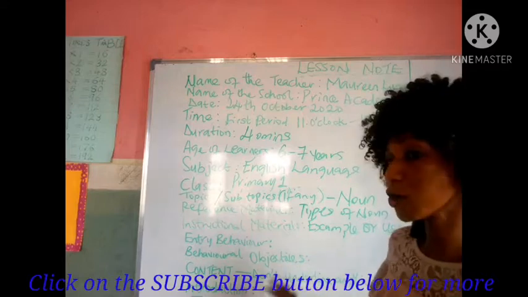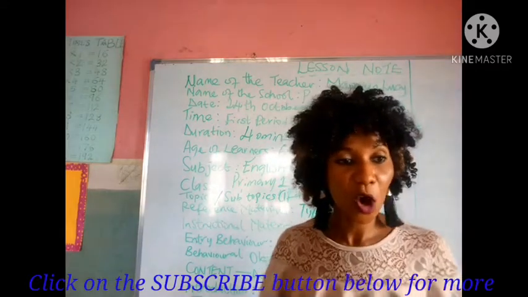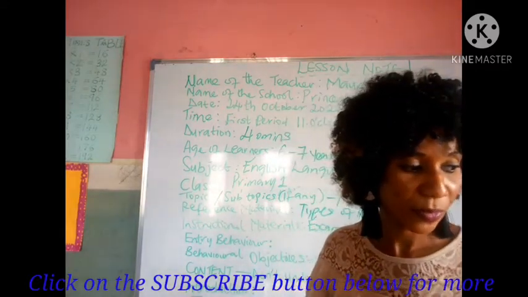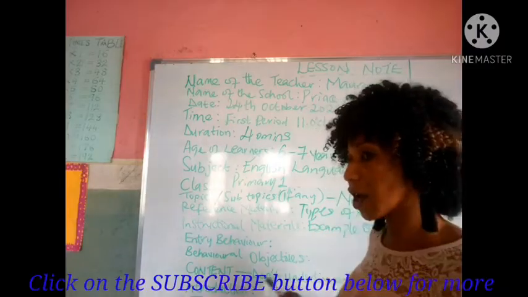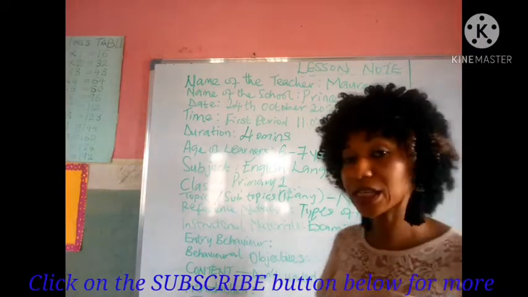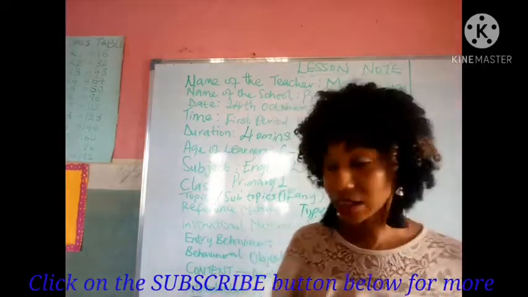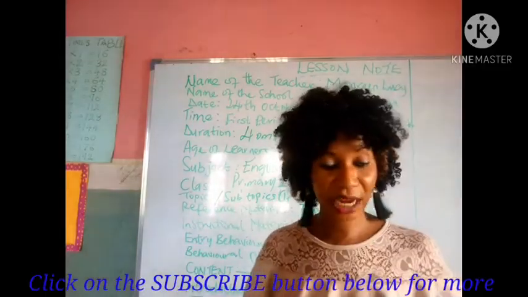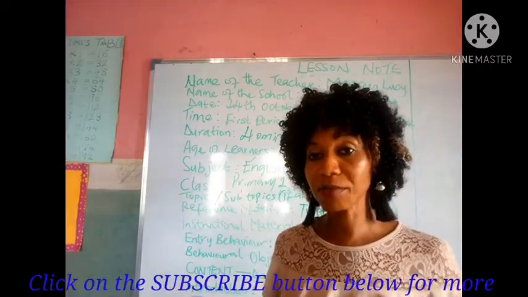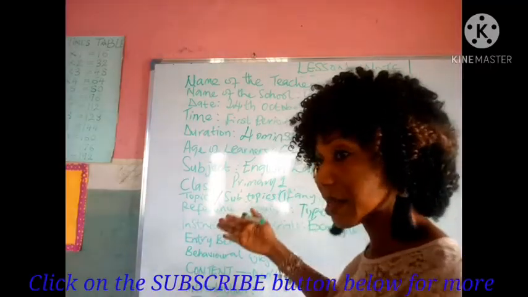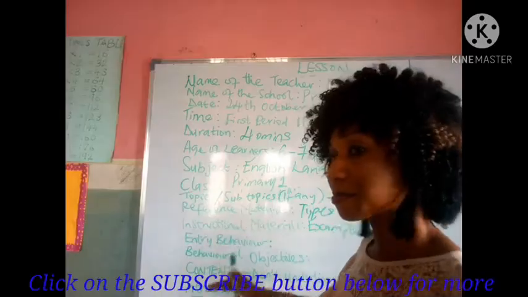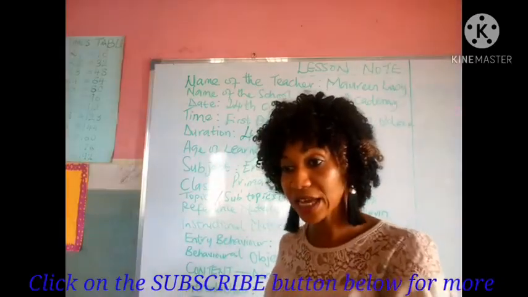Behavioral objective can also be called specific objective. Some persons call it main aim, specific aim, main objective, specific objective. In some cases they are different; the main aim can be different from the specific aim.